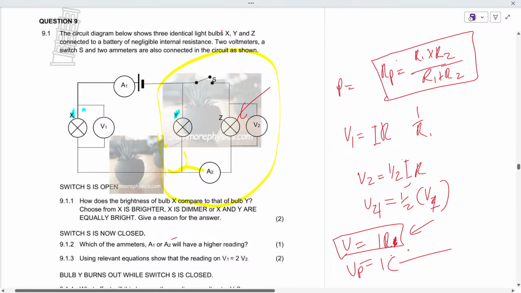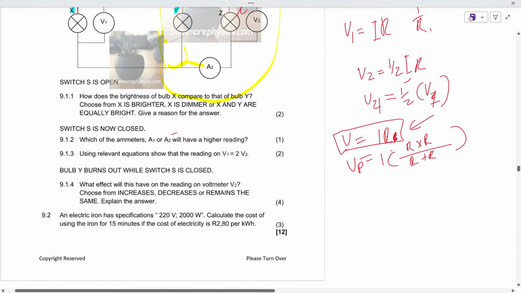So the R times R. Remember that we are not writing R1 or R2, we are just writing R because they are identical. And then Vp equals I times R squared over 2R. Then this R is gonna cancel, and it's gonna be R divided by 2.